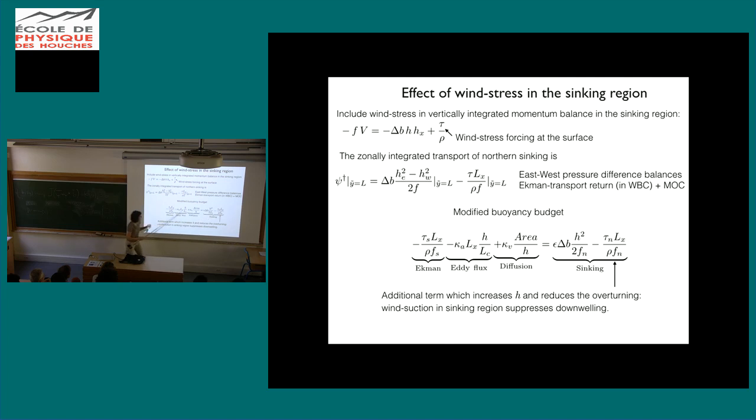And so when you solve this expression for h, you have to bring this to the other side. It has the opposite sign apparently, but no, because the Coriolis term has the opposite sign, so it kind of adds to this. So you get a deeper region which reduces the overturning. So that was my prediction.